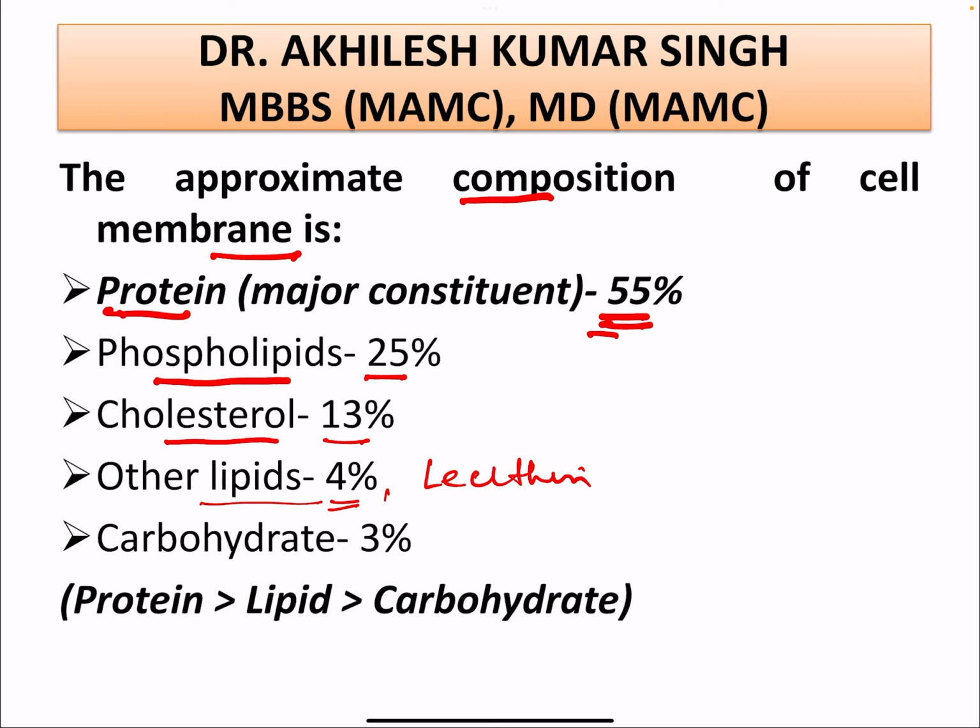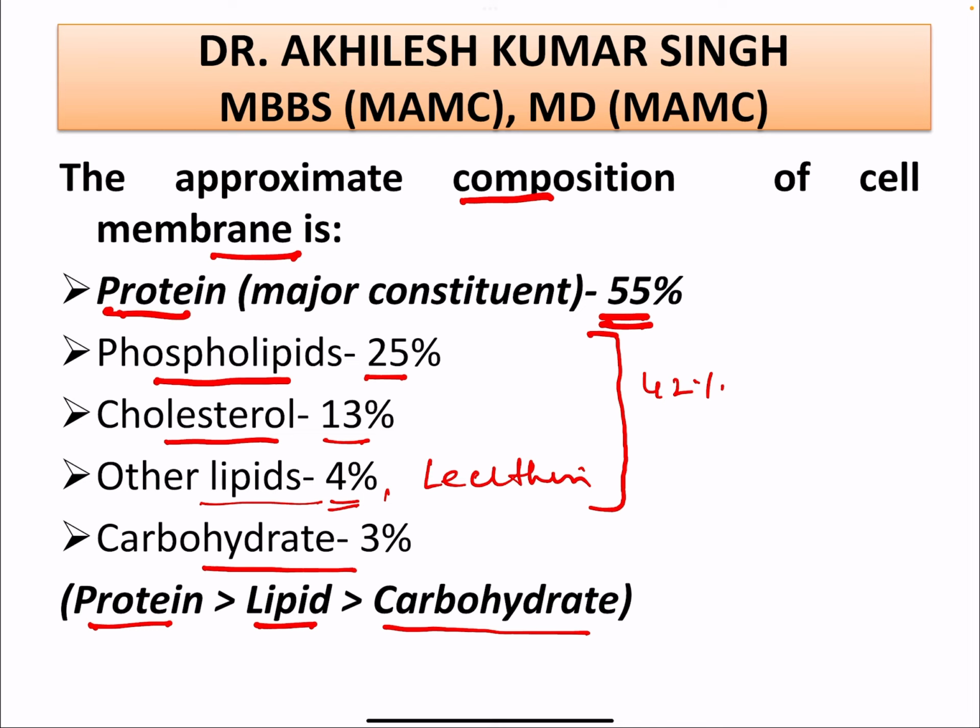So phospholipid, cholesterol and other lipids together constitute approximately 42% of the cell membrane. The carbohydrates constitute 3%. Therefore the percentage of protein is more than the lipid and more than the carbohydrate. This percentage is in terms of the area covered in the cell membrane.